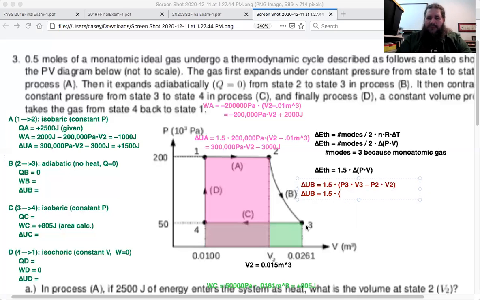If we multiply at 0.3, we multiply 0.0261 times 50,000, that's 1305. And then P2, V2, so V2 that we already found, the 0.015, times pressure 200,000, and that's 3,000 joules.